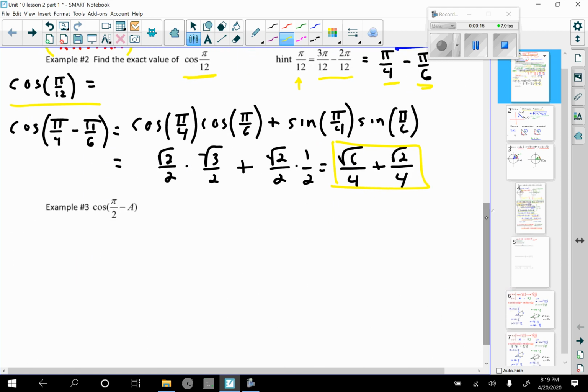Alrighty. Oh, here's a nice one. Cosine of pi over 2 minus A. What I want to do is prove an identity that we've been talking about.